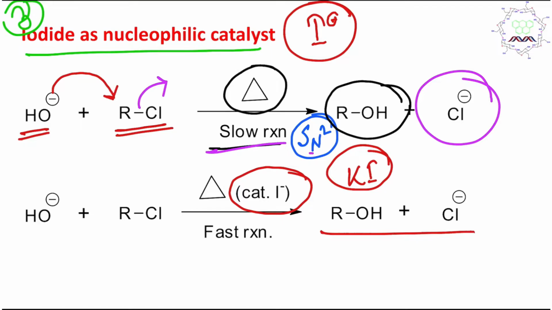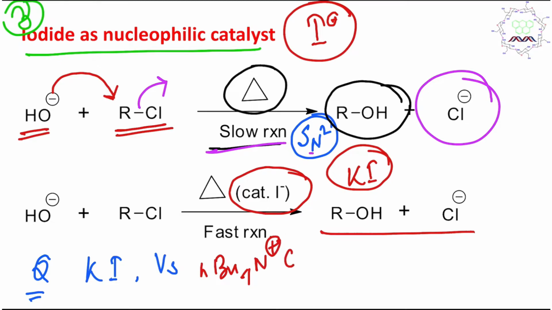Now I shall give you the mechanism in detail. First, a question to you. In this case, potassium iodide versus tetrabutylammonium iodide, in which case will the reaction be faster? I told you that addition of a slight amount of KI increases the rate.